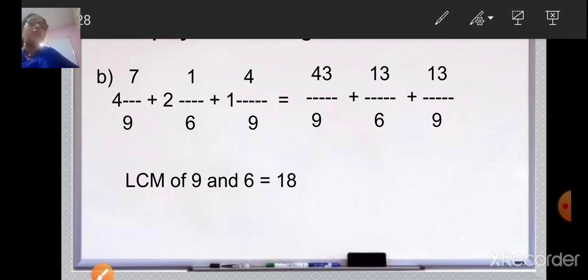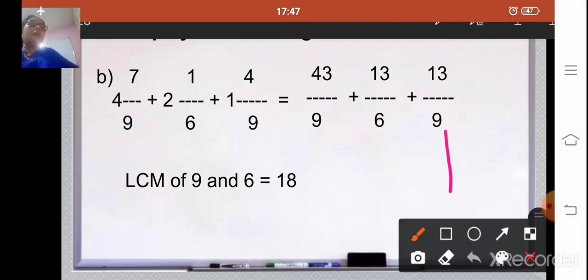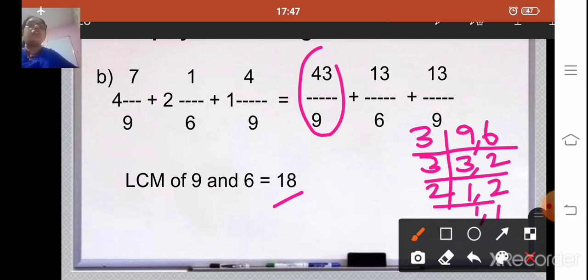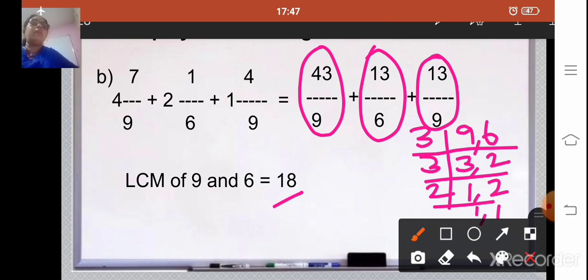How did we get that? 3 3s are 9, 3 2s are 6, 3 1s are 3, 2 ones are 2. So 3 3s are 9, 9 2s are 18. Now once we get the LCM, what is our next step? That is to change the fractions to like fractions where the denominator will be the same, that is your LCM, 18.